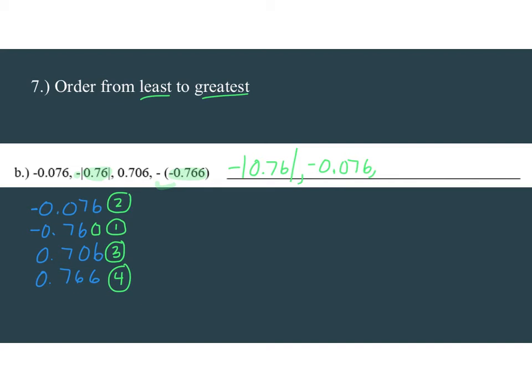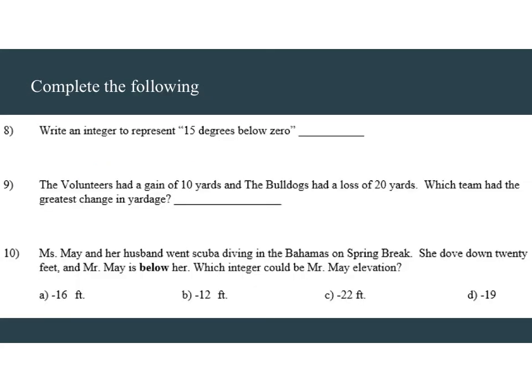Okay, our next one that we were going to write was also not changed, 0.706. And then finally, our final one that we have to write actually was, we did have to fix. It was the opposite of negative 0.766. And that's it.